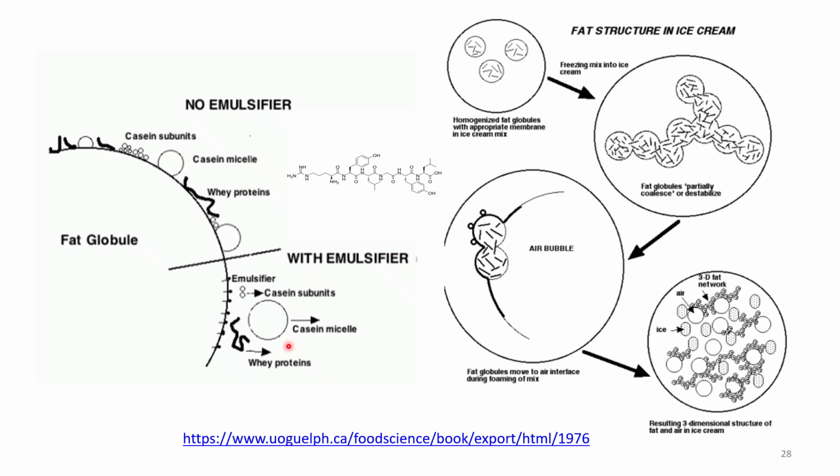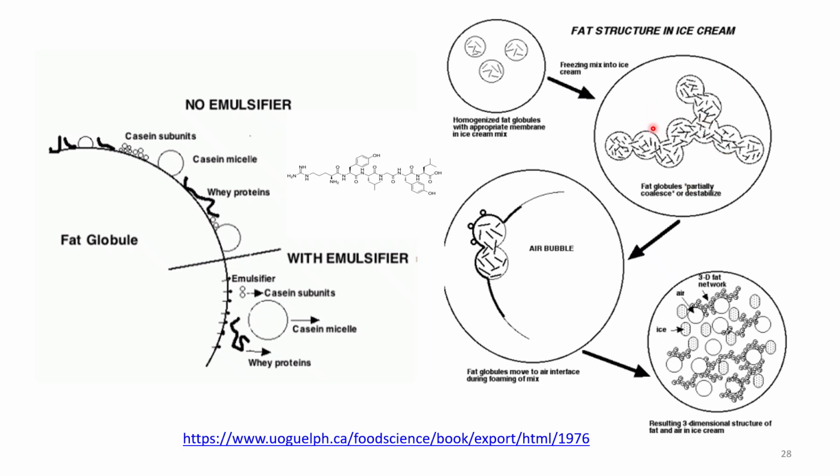This partial coalescence or destabilization is very important because it contributes significantly to the smooth and creamy texture of the ice cream. How? During the process of churning, air bubbles are being beaten into the mixture. They are stabilized by this partially coalesced fat.